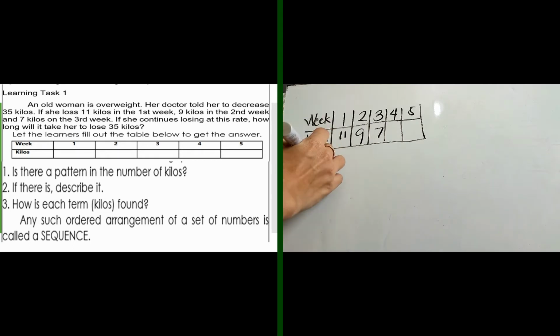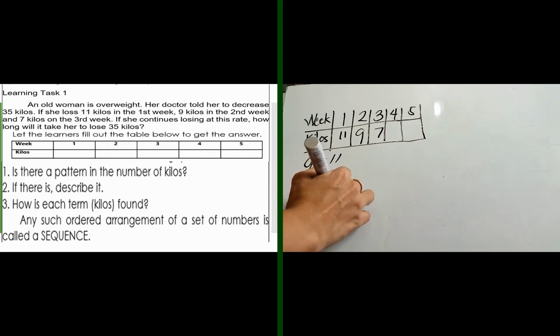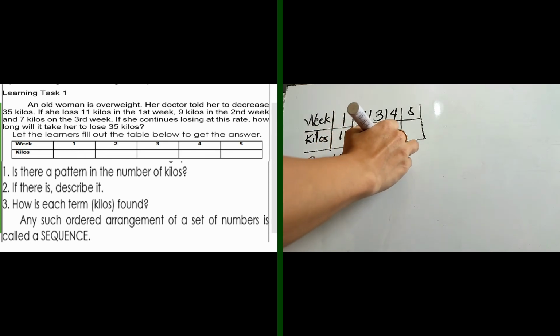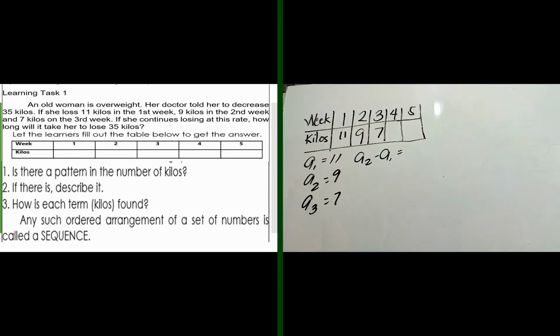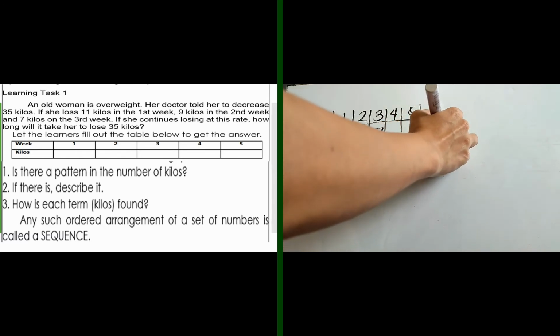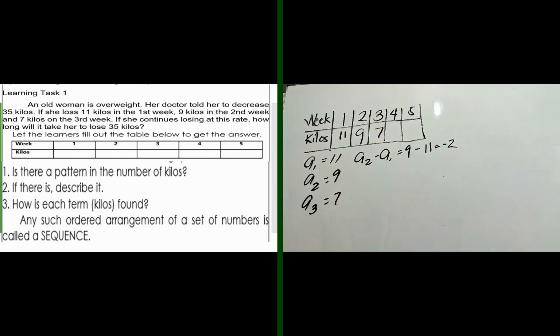So we have a sub 1 is equal to 11, a sub 2 is equal to 9, a sub 3 is equal to 7. Now, let's have a sub 2 minus a sub 1. So a sub 2 minus a sub 1 is 9 minus 11, which is negative 2.